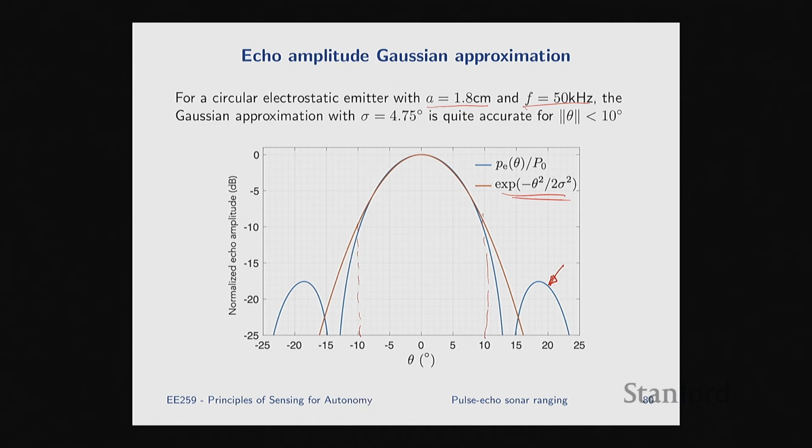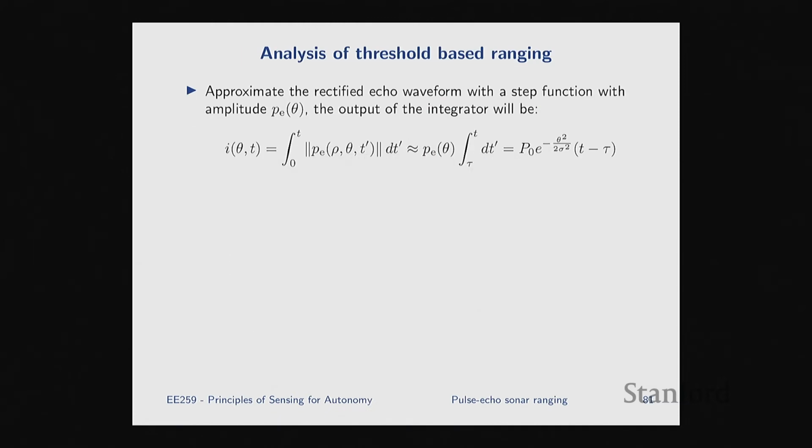Okay? So let's see then how the error in ranging for the simple threshold-based detector varies as a function of the angle of arrival or the bearing angle. So the way we do that, the detection criterion, remember, is the output of our integrator crossing a threshold. Right? So let's look at that.